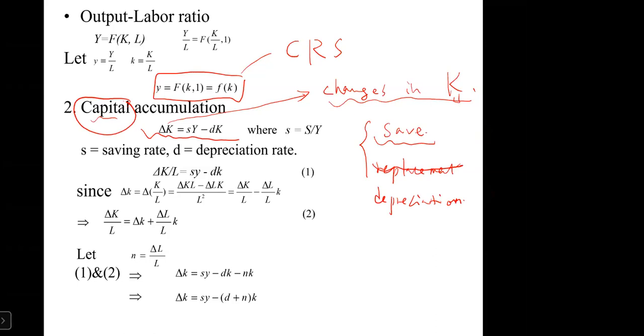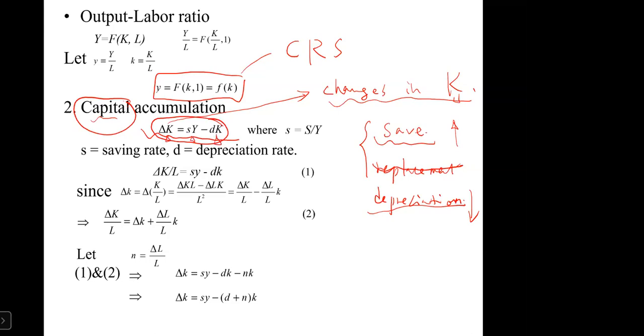Right? Your house is going to deteriorate. So this is called depreciation. Okay, so saving increases the capital stock and depreciation is going to reduce the capital stock. We add them together, so this is how the capital is going to change over time. So the change in capital comes from saving minus depreciation.